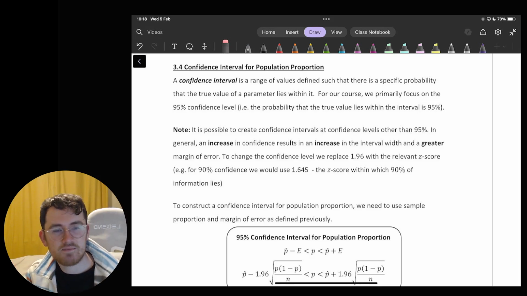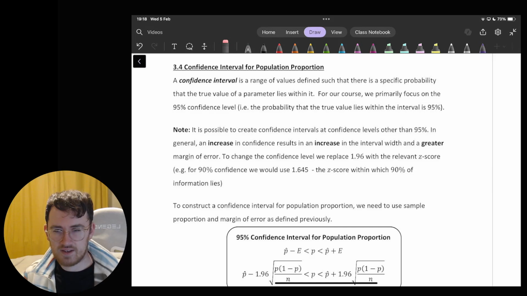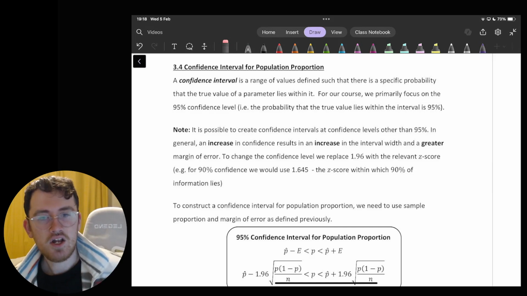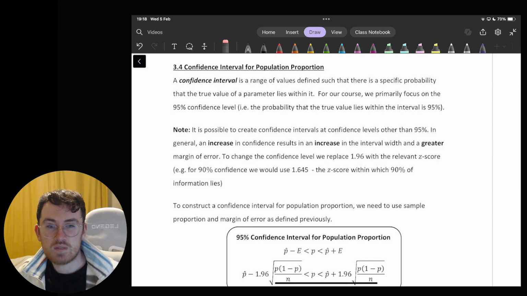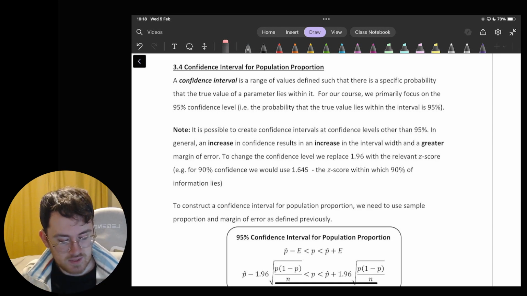If I'm 95% sure that it's between 10 and 20, then it's reasonable to say that I'm maybe 97% sure that it's between 8 and 23. I look at a wider range. Looking at 90%, we would use a smaller z-score, so that margin of error would be smaller, but we would be less confident about it falling within that range. But all you need to know really is that we're focusing on 95%.